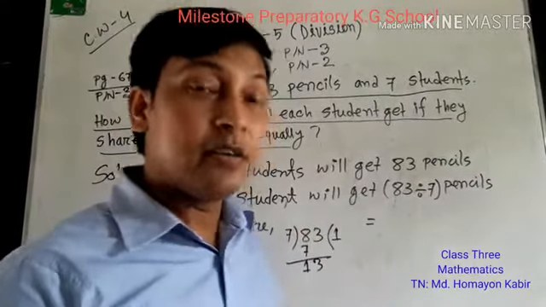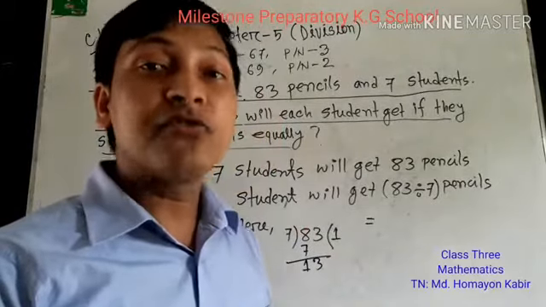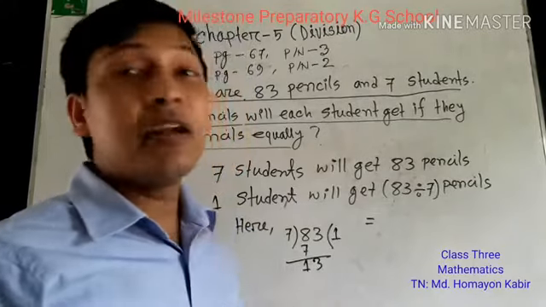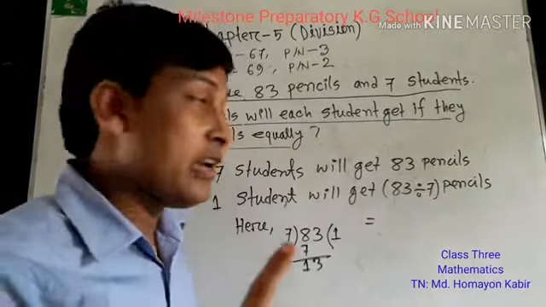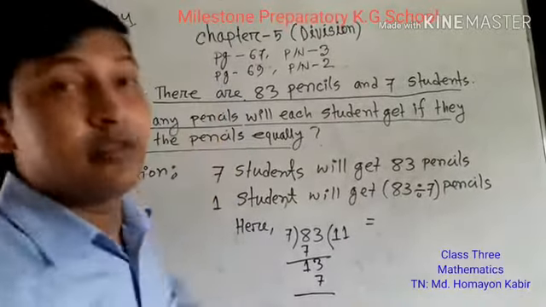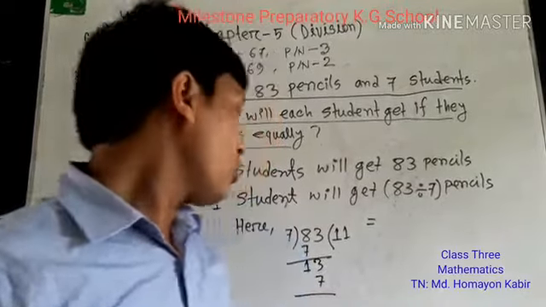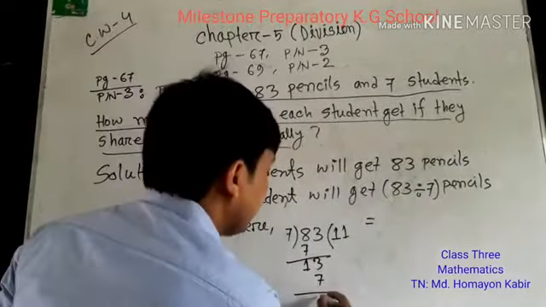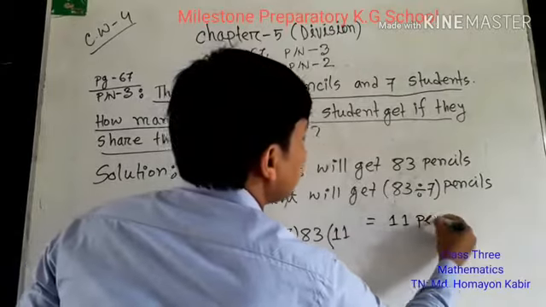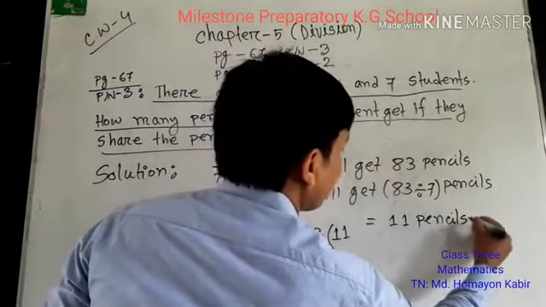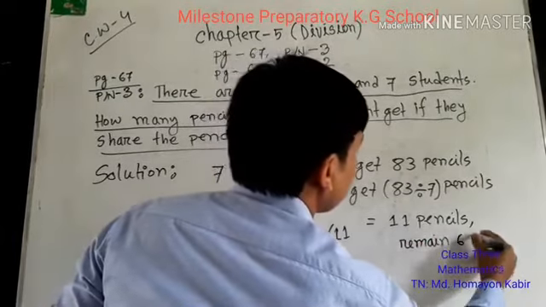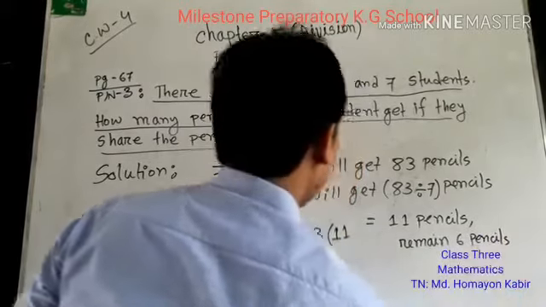It will be 13. Again we'll count the times table of 7. 7 1s are 7. 7 2s are 14. But here we have 13, so we cannot take 2 times. We'll take 1 time. 7 1s are 7. Now we have to do subtraction. So 13 minus 7, how many? 6. It will be 6. So our answer is 11 pencils and remain 6 pencils.